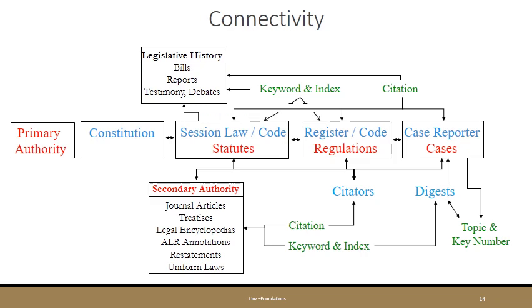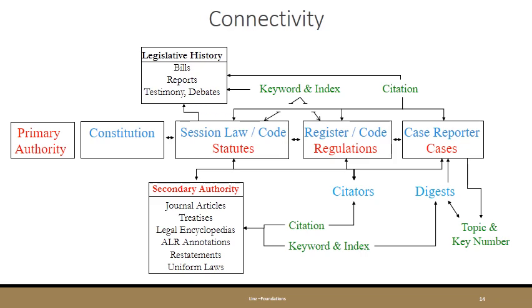So for example, if we have a keyword, we can use the index in the back of a secondary authority or in a separate secondary finding aid publication. That'll get us to an article about some area of law. That article itself will contain citations to primary authority, to cases and statutes. We can then use those to find the appropriate statute or find the cases that are relevant, and we can read those statutes and read those cases.